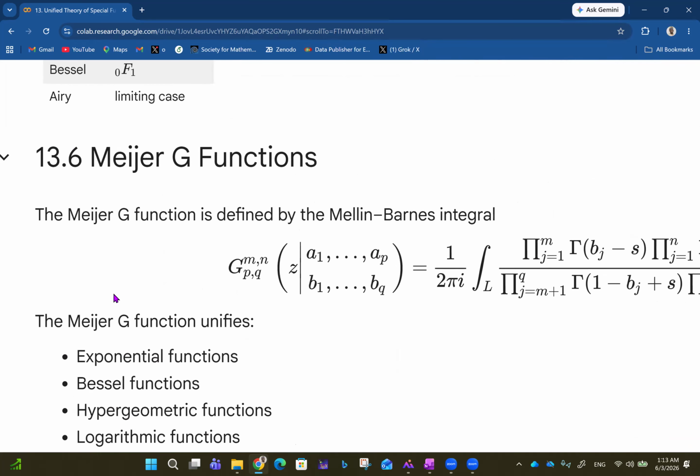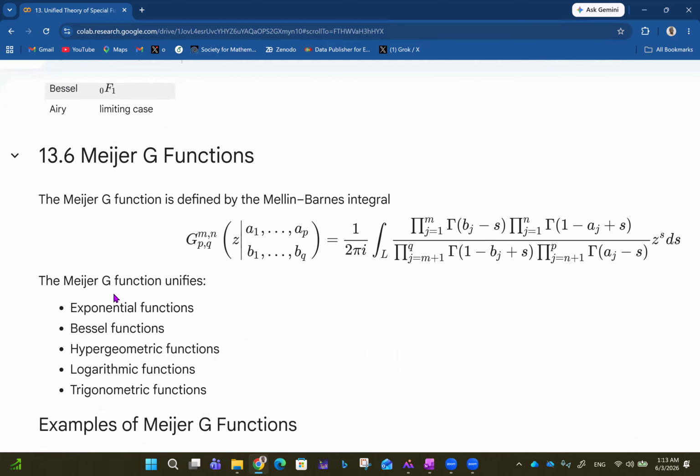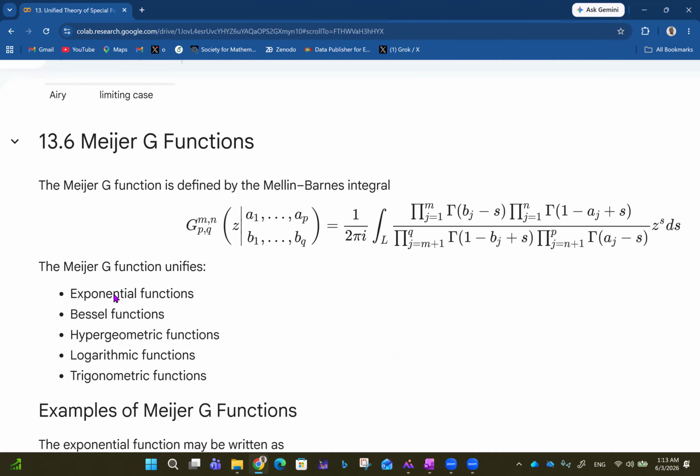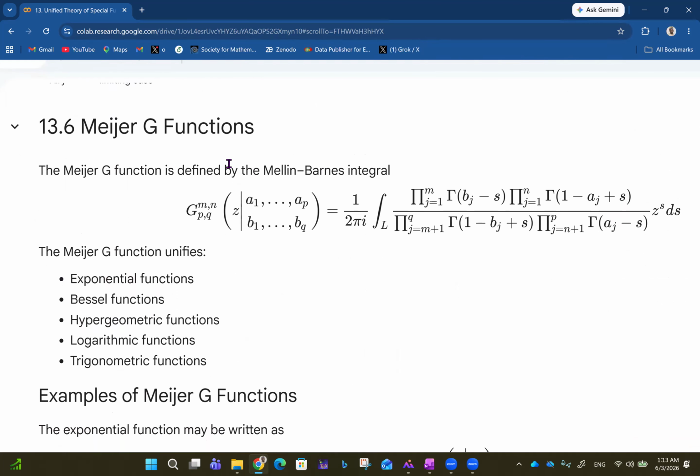Then we have the Meijer G functions. The Meijer G function is defined by the Mellin-Barnes integral, which is G sub P, Q super M, N of Z given A1 to AP, B1 to BQ.